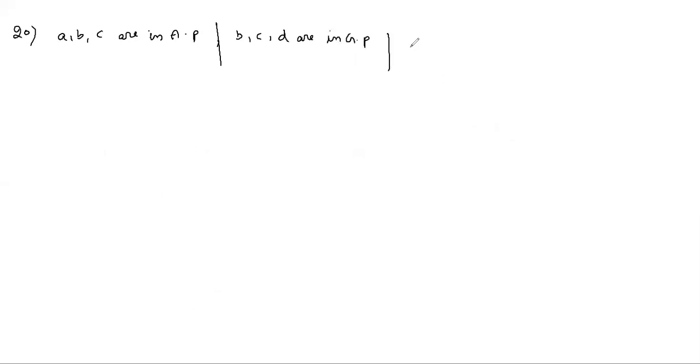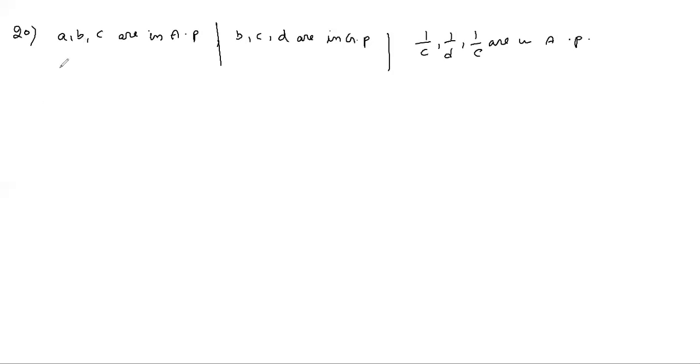Next, 1 by C, 1 by D, 1 by E are again in AP. So now you have to prove that A, C, E are in GP.